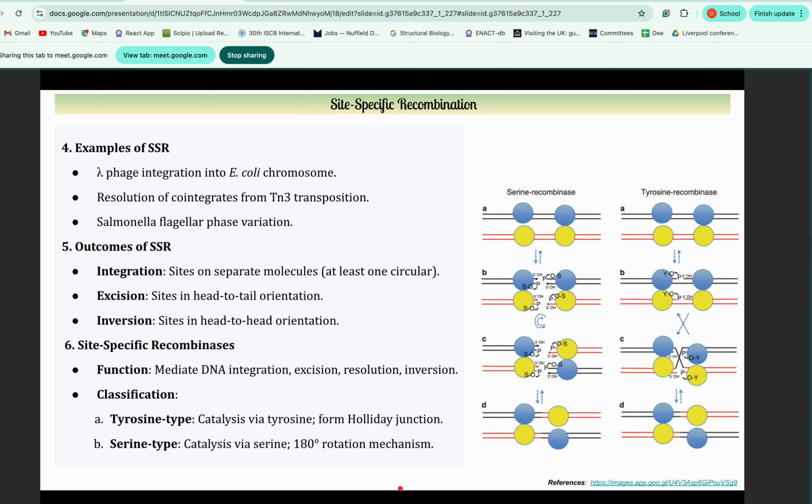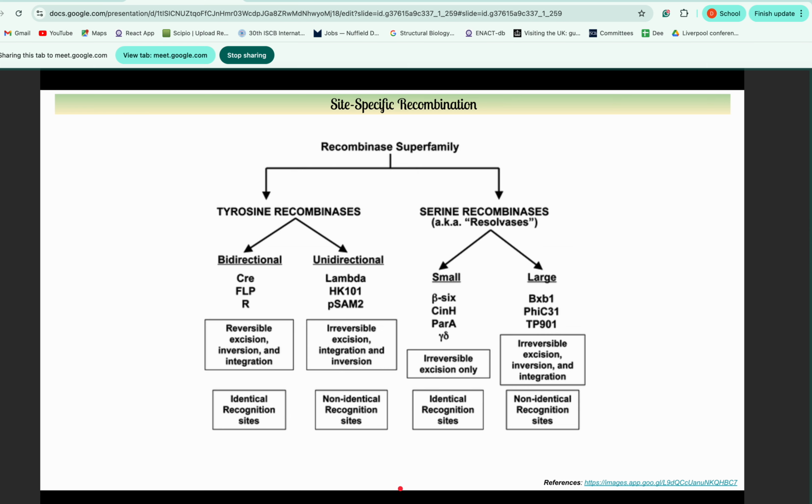This is about serine recombinase, and this is an example of how their superfamily is distributed. Tyrosine recombinases could also be bidirectional or unidirectional. In bidirectional we have Cre, FLP and R, whereas in unidirectional we have lambda, HK101 and phiC31.